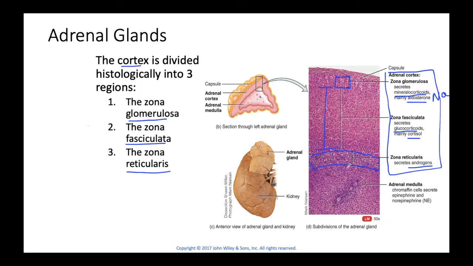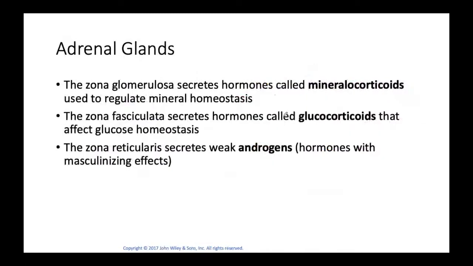Once we're deeper than that, now we're in the medulla, right? So the adrenal medulla is going to make your epinephrine and norepinephrine, okay? So this is a good slide to go back to look at. The zona glomerulosa makes the mineral corticoid, the zona fasciculata, the glucocorticoid, and the zona reticularis makes the androgens.